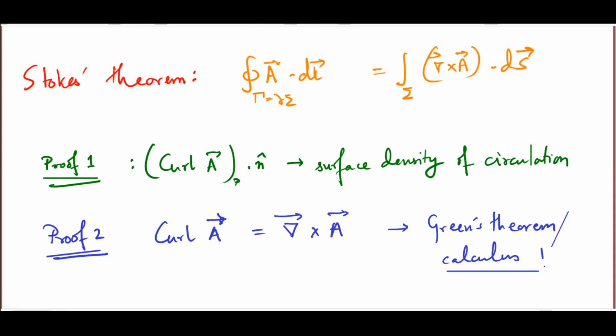At this point, we have met all the three major players in our story: the curl, the grad, and the divergence. We have also been introduced to the two major integral theorems that play a huge role in mathematical physics, namely Gauss' theorem and Stokes' theorem. This does not mean that all that we had to say about grad, div, and curl has been said.